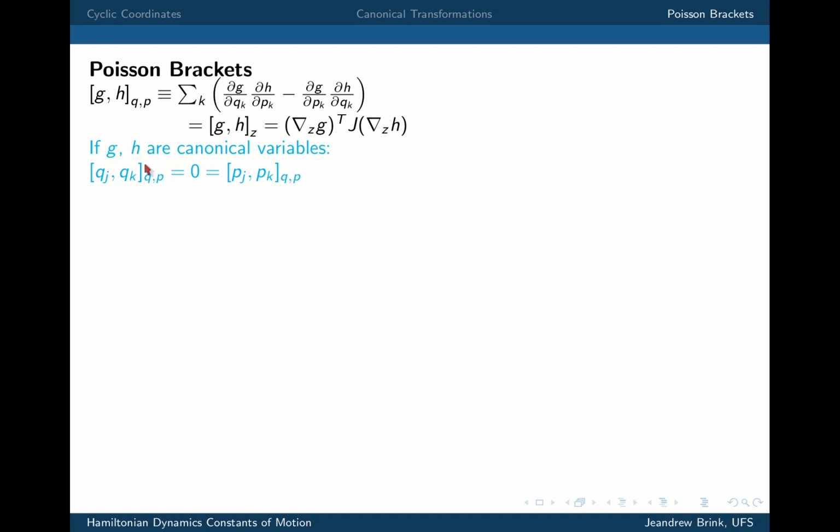The first thing you have is that if you have two Q's and you work out their Poisson bracket, it's always 0. If you have two P's, it's always 0, because remember, dP/dQ is 0, and dQ/dP is 0, since we consider them independent variables. So one of these terms is always going to vanish, and so it's 0.